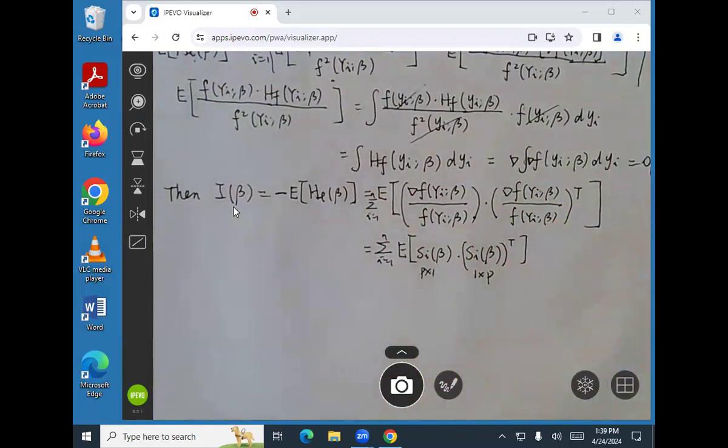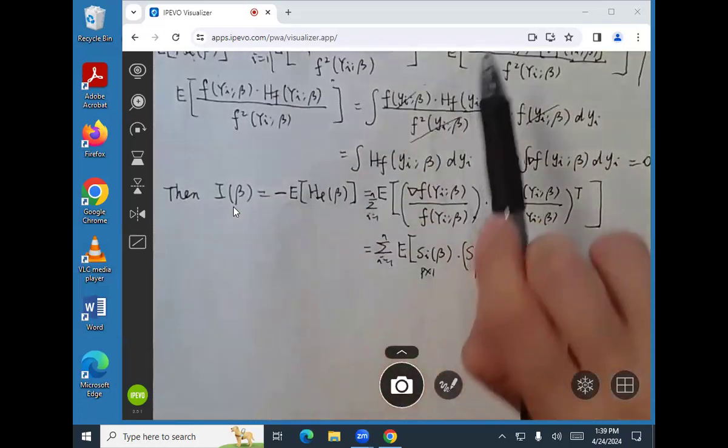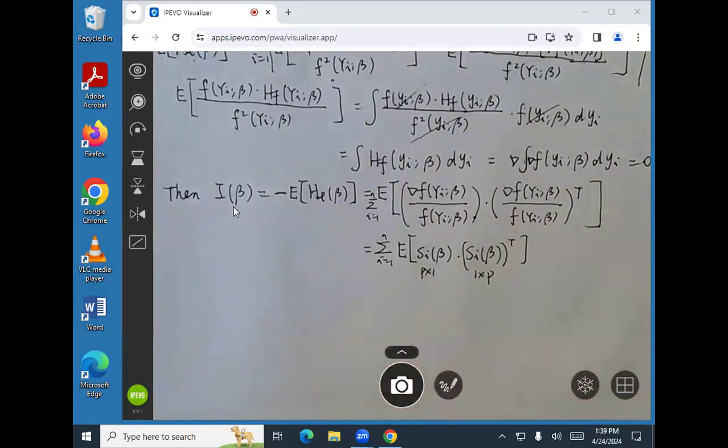That's the Fisher information. So you see that we are linking Fisher information to the, I forgot this one, negative. Yeah, I think I'm right. We link Fisher information to the scoring function in this way. Please note that Fisher information is an expectation, so y1 to yn are gone after the expectation. But the scoring function is not an expectation; we still have y1 to yn involved.